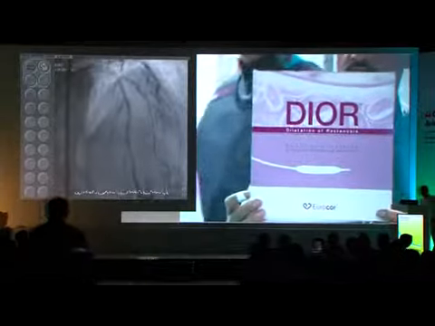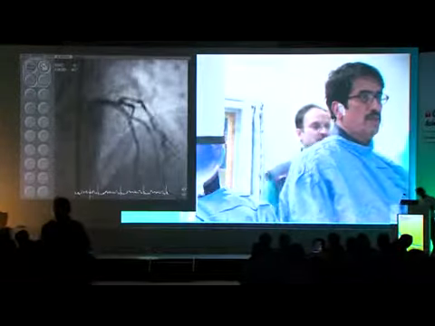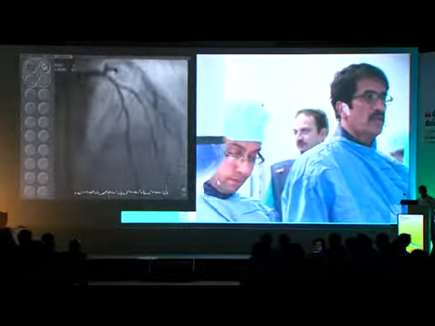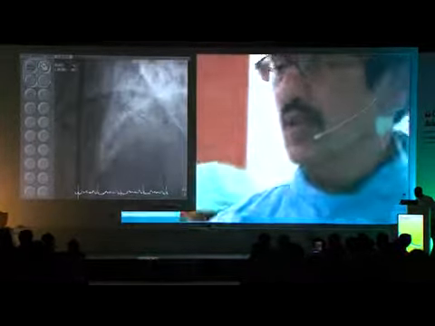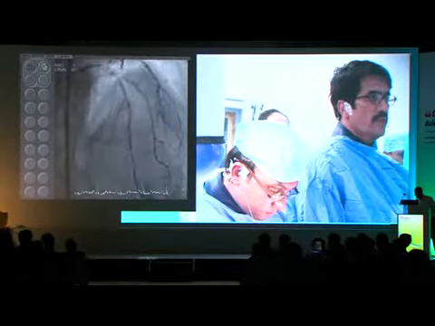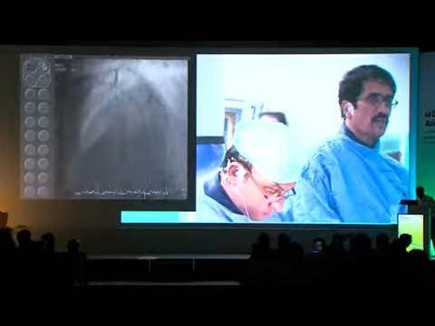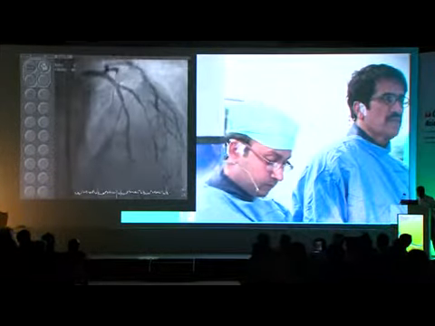Show that balloon. We are actually coming in with a 2.0 by 30. This is a Dior balloon, and this drug balloon has been our policy whenever we are dealing with small vessel disease. My own feeling is in ostial locations it may not work as effectively as it would work here.